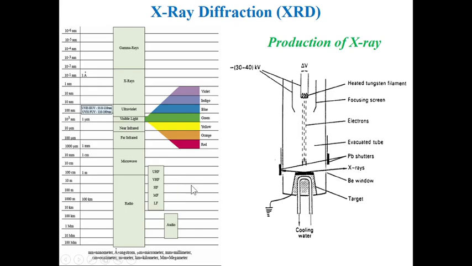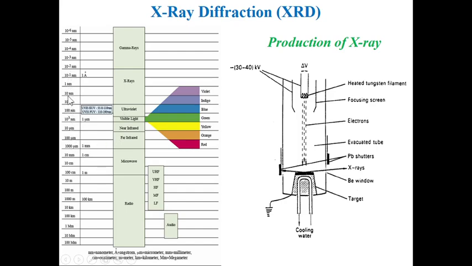Here you can see the different ranges of electromagnetic waves having different wavelengths. Visible light is in between this range. If we move towards higher frequency, we find X-rays, having wavelengths in between this range.